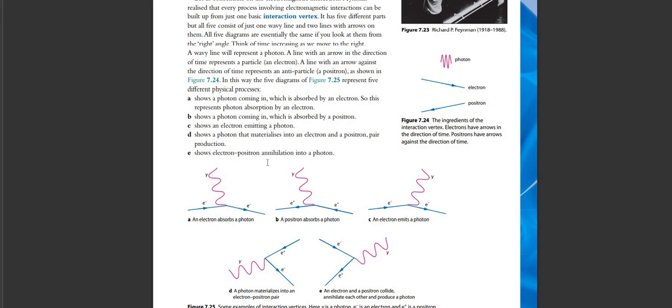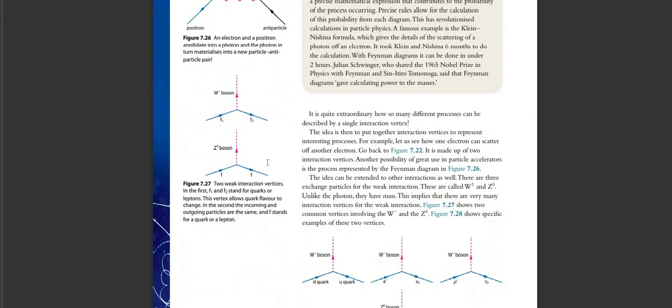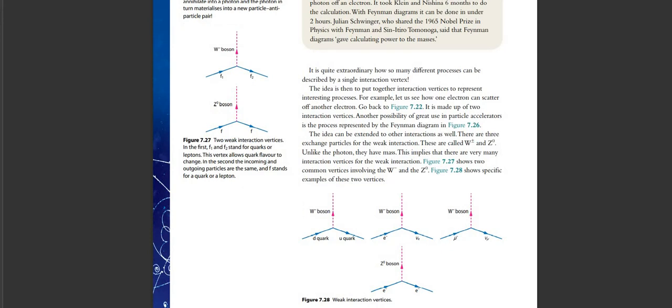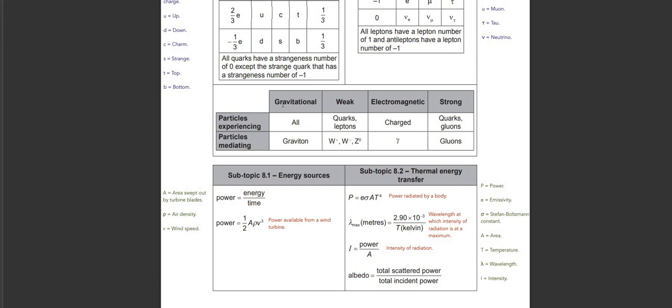There are certain types of exchange particles you need to know depending on what kind of interaction it is. I believe they're all given in the data booklet. For gravitational interactions, you have the graviton as your exchange particle.